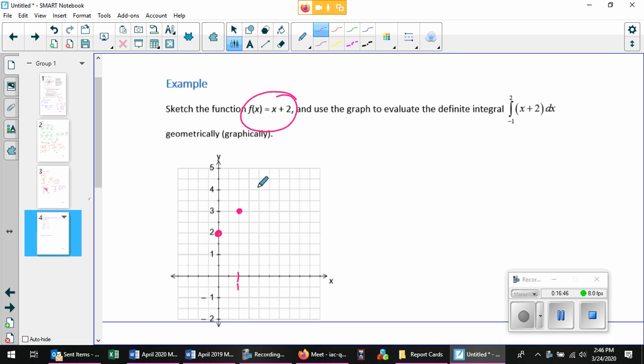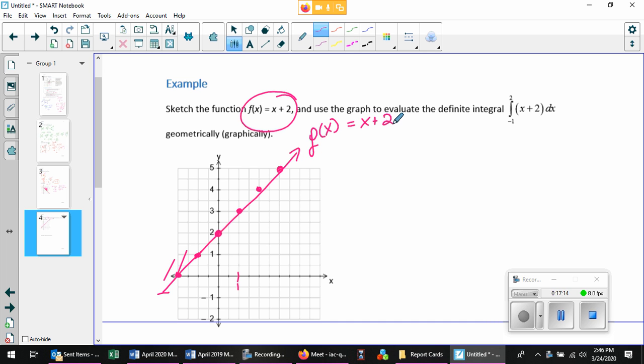Over 1, up 1, over 1, and I can go down. I messed up on my last point there. Luckily, I have an eraser. All right, so that's my function, f of x equals x plus 2.